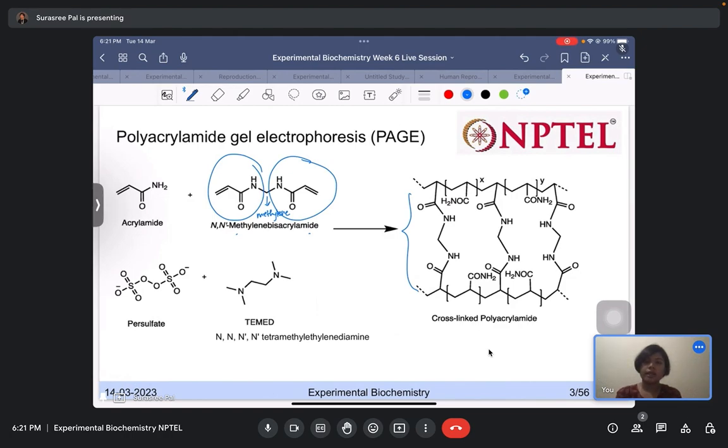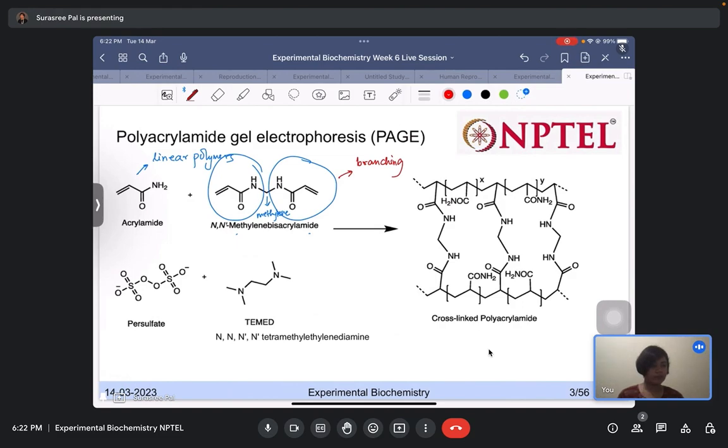So in this polymer formation, acrylamide forms linear polymers, and bisacrylamide forms branching in this linear polymer, and thus it forms a compact gel matrix.